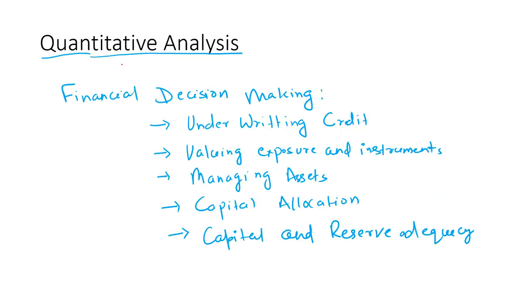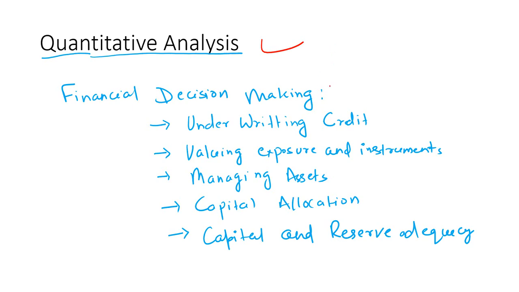Okay, so quantitative analysis is known by different names. Sometimes people call it quantitative modeling. Some people call it quantitative research. So quantitative analysis in the banking and financial service industry is nothing but using maths or statistics or quantitative finance in developing models for different kinds of decision making processes within the bank.